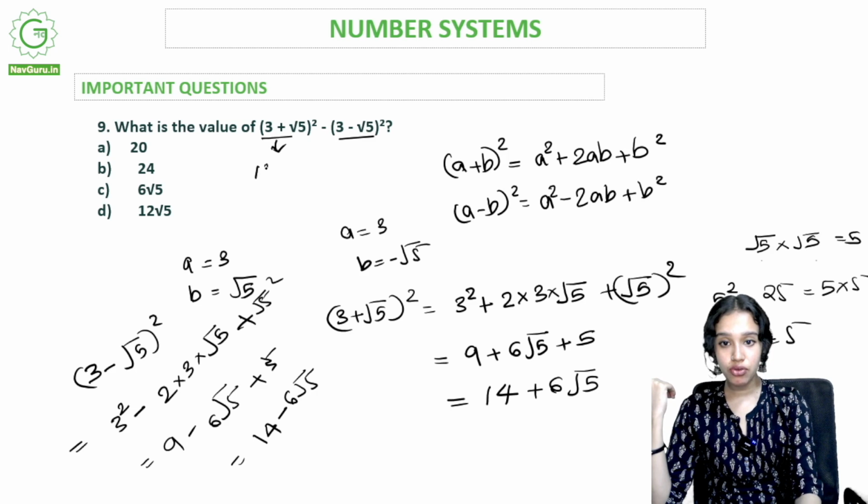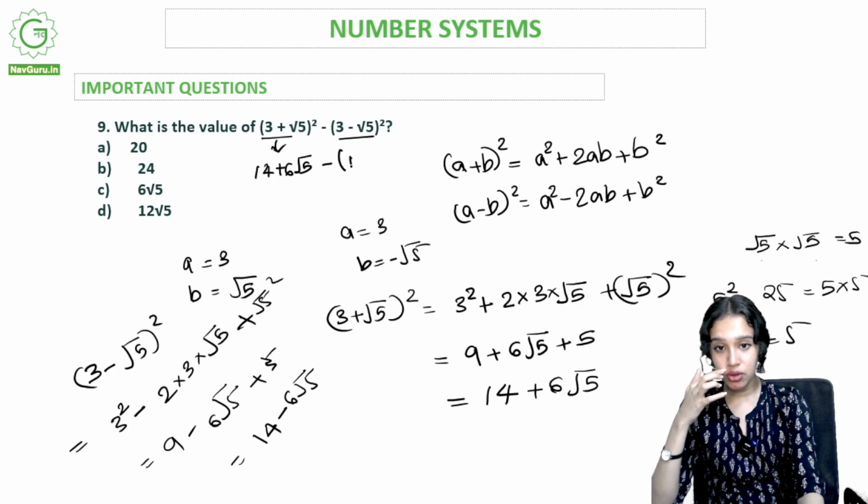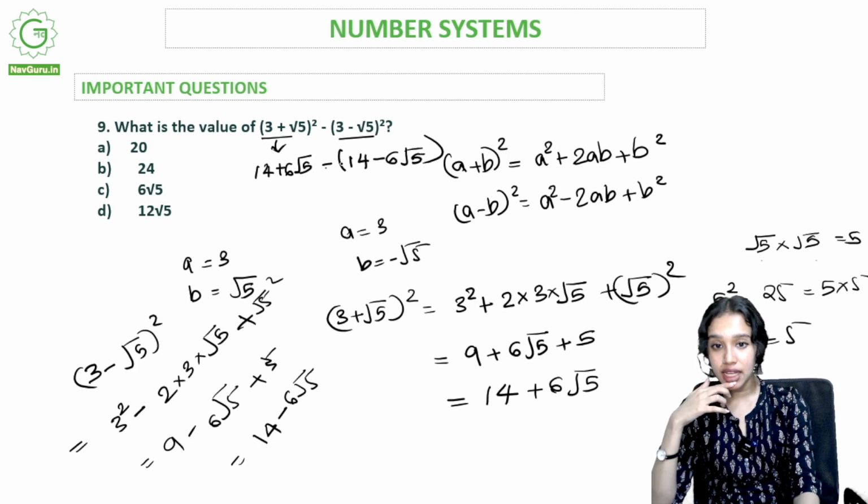Here we got 14 plus 6 root 5 minus, we are putting a bracket here, 14 minus 6 root 5. So doing the calculations, we have to multiply the negative sign inside the bracket.